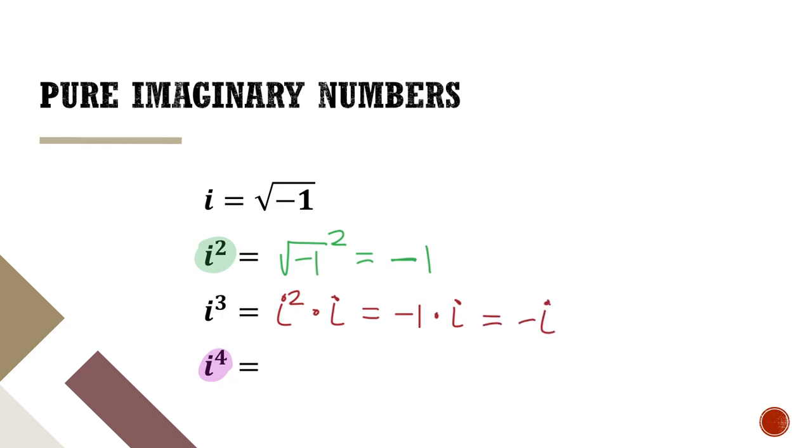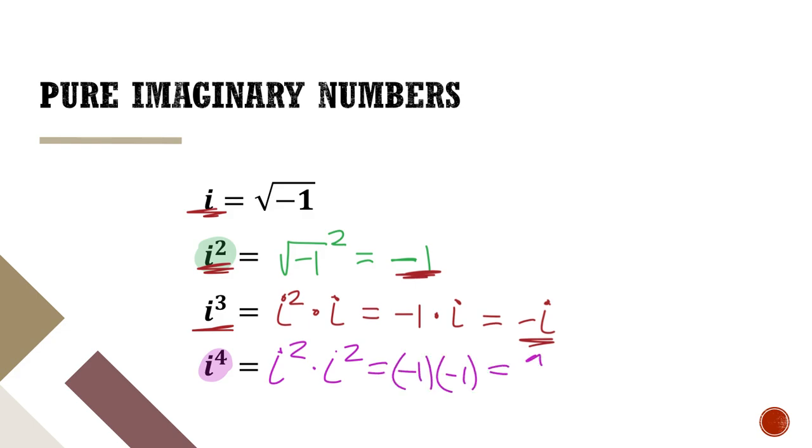So i to the third is equal to -i. i to the second is -1. And i is just i. And then i to the fourth is probably the nicest of all of them because it's i squared times i squared, which is in fact -1 times -1, or we get this +1 here for that answer.